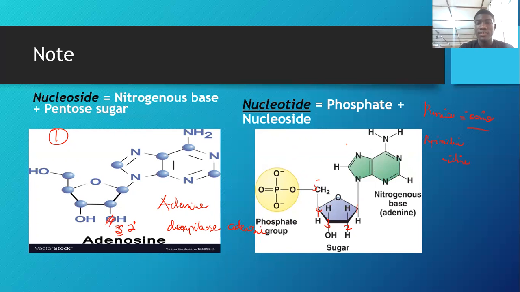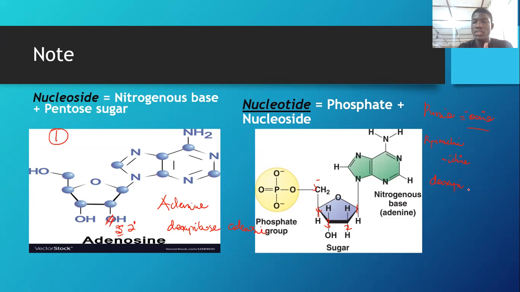And then here, because we have the phosphate group, and then we have the nucleoside. This, because this is the nitrogenous base adenine, if you are naming it, we name it this way: deoxy plus the nucleotide, okay?